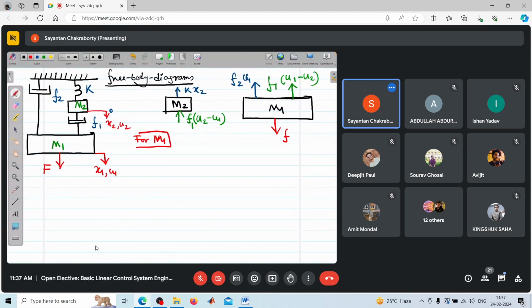for m1. The inertia part I can write as m1 du1/dt, plus f1 plus f2 u1 minus f1 u2 is equal to f.